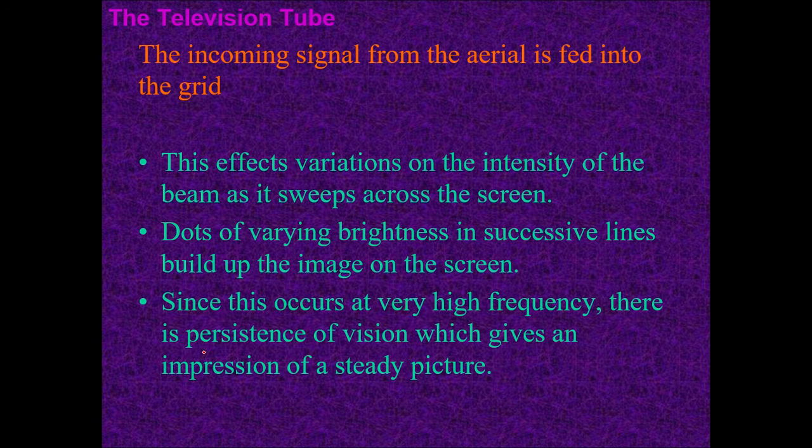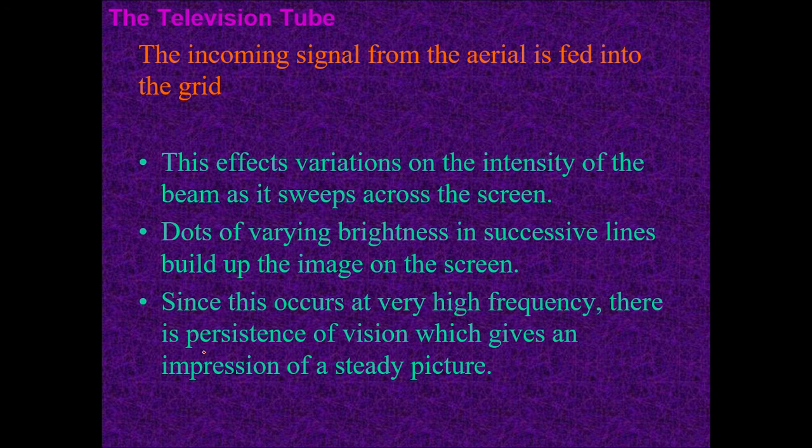So basically, it is trapped as electromagnetic waves by the aerial, and the moment it goes through the wire to the television, it comes as electricity, but at different signals. So the moment it's connected to the grid, it will be changing the frequency depending on the images that are represented by those signals, because those signals are basically sound and the picture that you should be able to see on the screen.